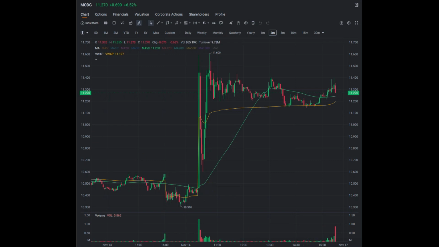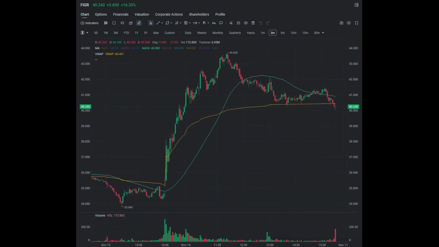Let me look at another trade. Again, all this list from Friday. Now we're talking about FIGR. The stock is up. At one point, it hits the list, and the question is, where can I buy it? Can I buy it on the way up from 35 to 43? That here is an 8% move.